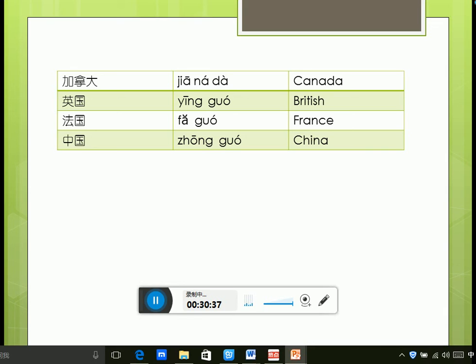And if we add a 国, it just makes it hard to pronounce and hard to write. So for Canada, we don't have 国 at the end. 英国 means British, 法国 France, 中国 China.